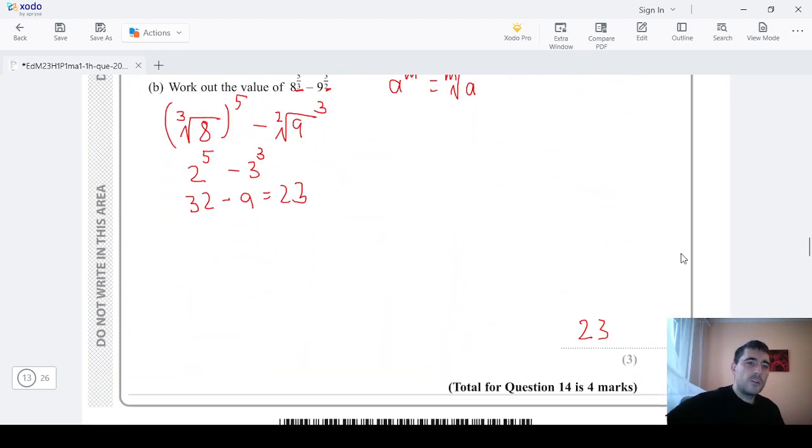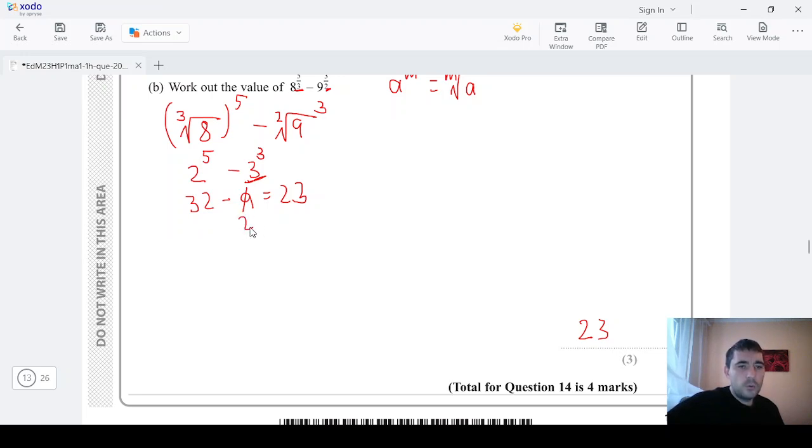In this bit, I accidentally multiplied 3 by 3, but it's supposed to be 3 multiplied by itself 3 times. So it shouldn't be 32 take away 9. It should be 32 take away 3 times 3 times 3, which makes 27.